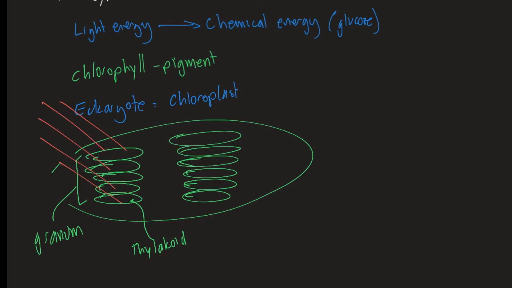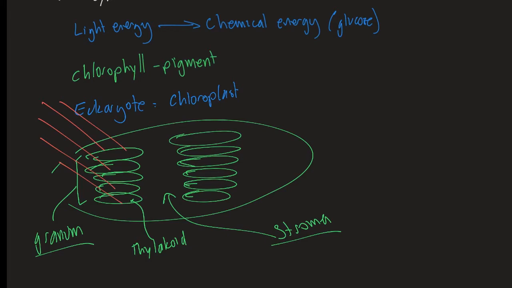Another important part is the almost like a cytoplasm type liquid, and that's called the stroma. So we're going to see there's two different parts to photosynthesis. The first part occurs in the granum, and the second part in the stroma.